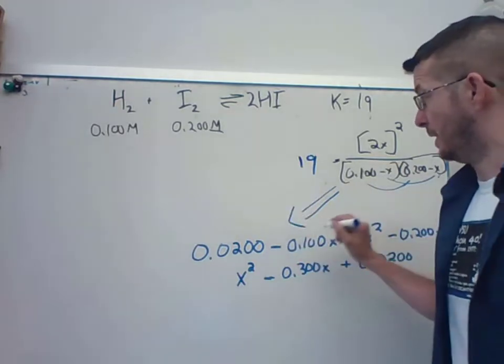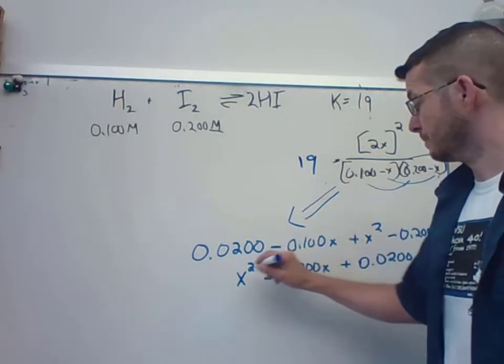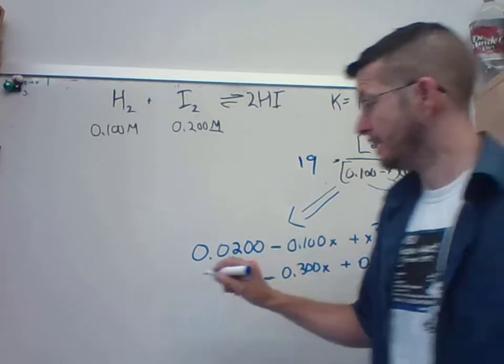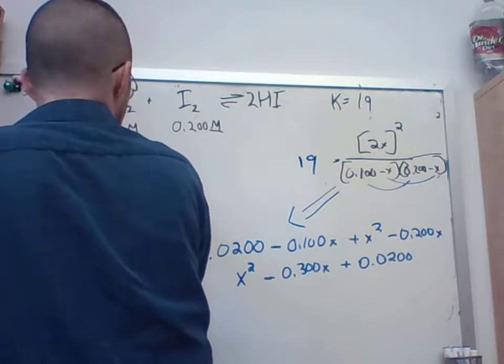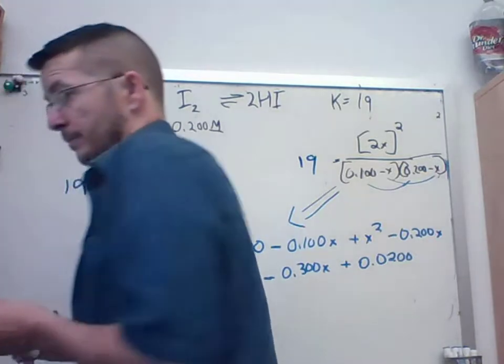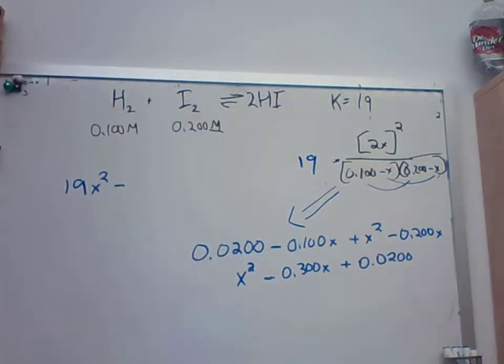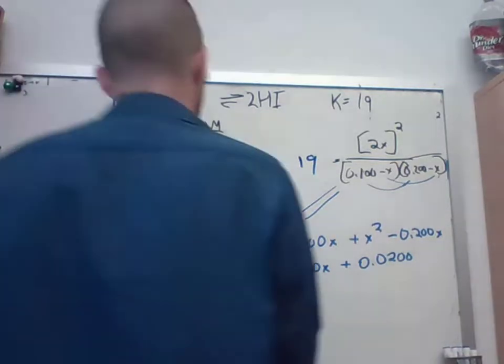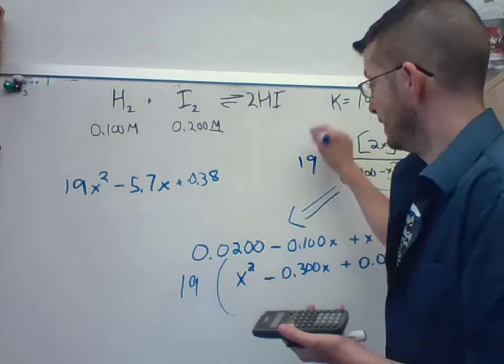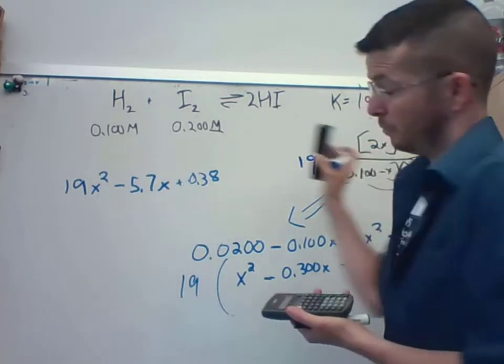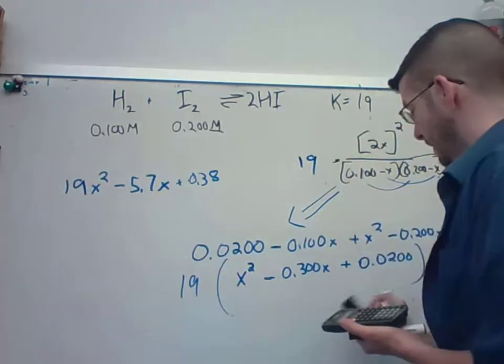We can multiply it across by 19, so we multiply this entire thing by 19 to give us the left-hand side of the equation.